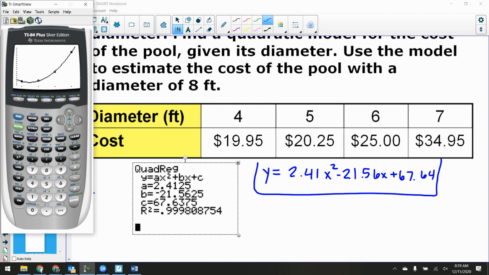Now, if I want to know the cost when x is 8, remember, if it's an x value, you go second calculate value of 8. What's wrong? I've got to zoom out. I don't see it on the screen, remember? So go zoom 3, enter.